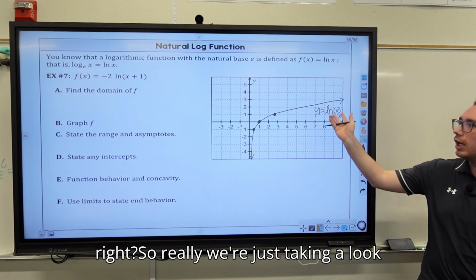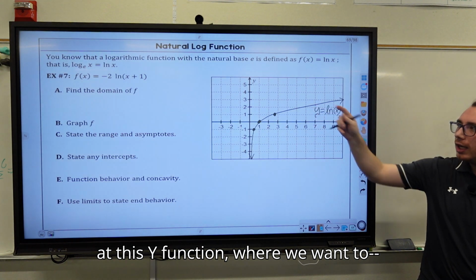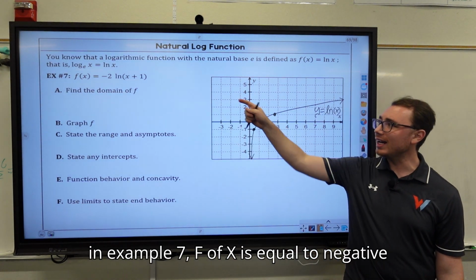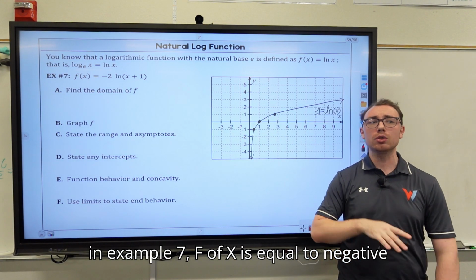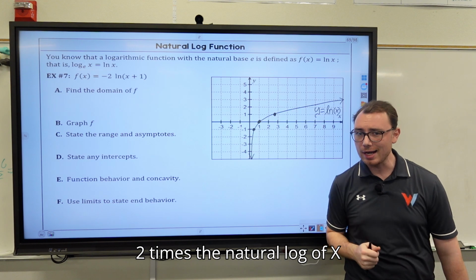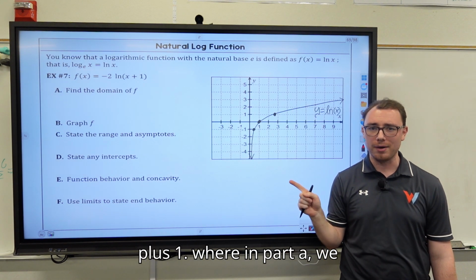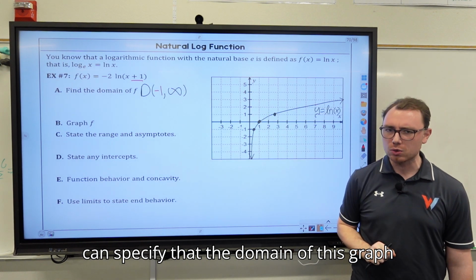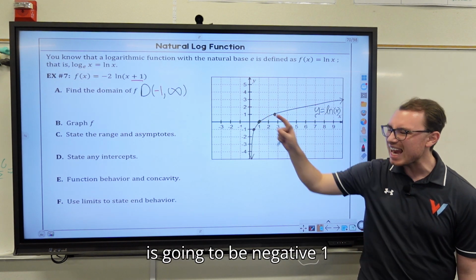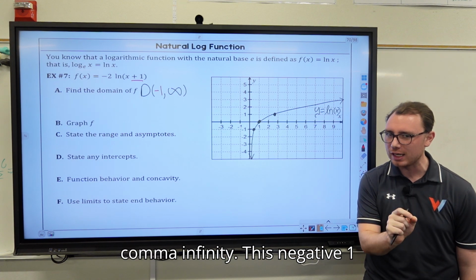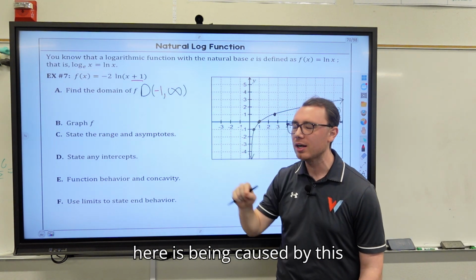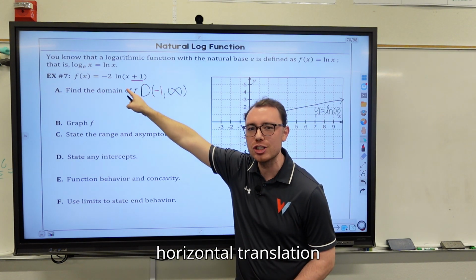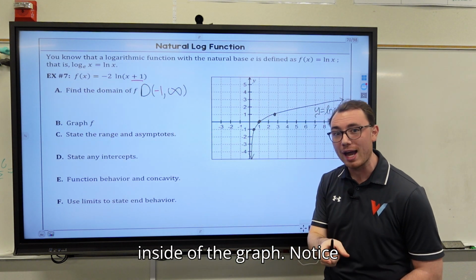So really, we're just taking a look at this y graph, where we want to take a look at our f of x function, where in example 7, f of x is equal to negative 2 times the natural log of x plus 1. In part A, we can specify that the domain of this graph is going to be negative 1 comma infinity. This negative 1 here is being caused by this horizontal translation inside of the graph.